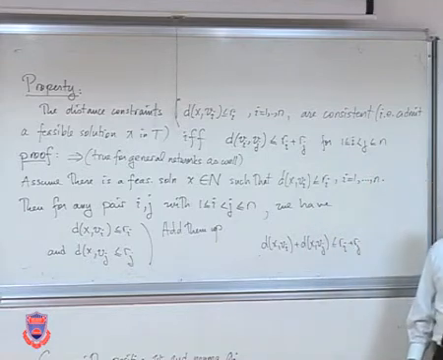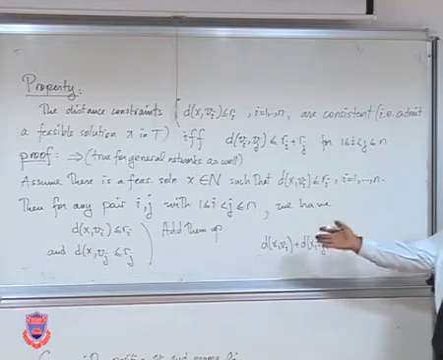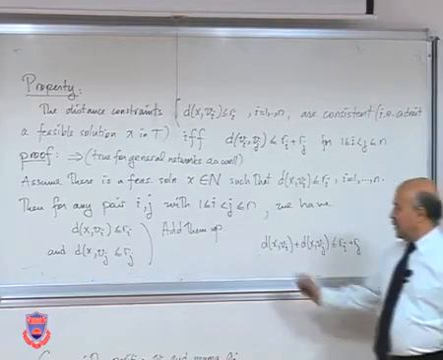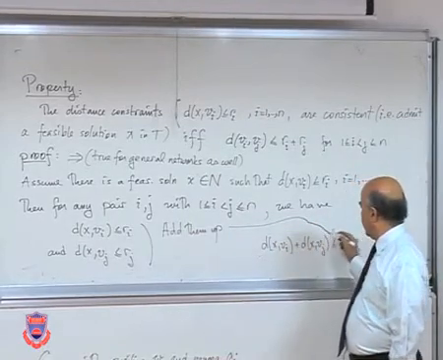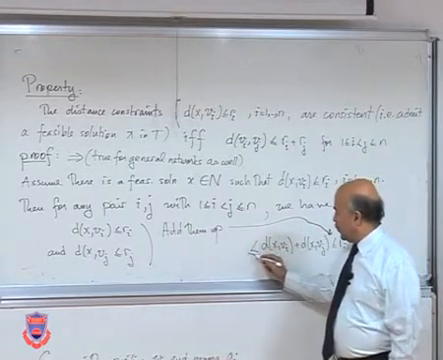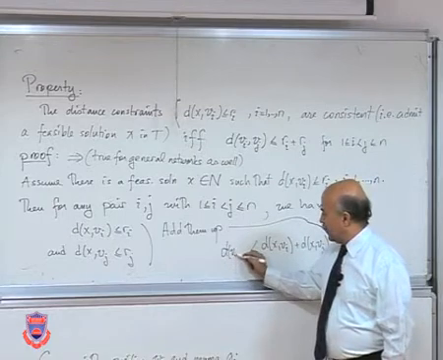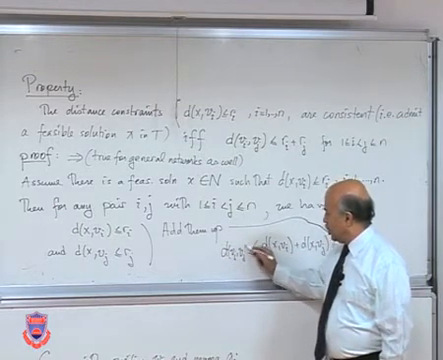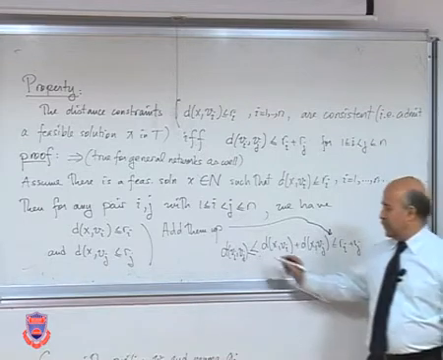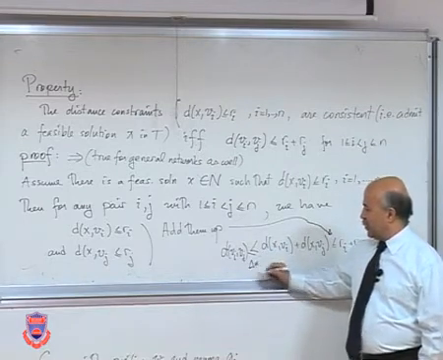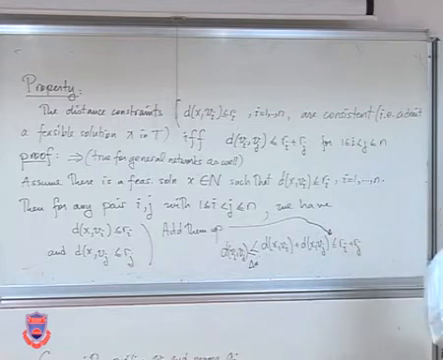Left sides added up, right sides added up. But also you have distance between Vi and Vj less or equal to that one because of the triangle inequality, which is true for general networks as well, okay? Not for tree networks only. So this part is done.